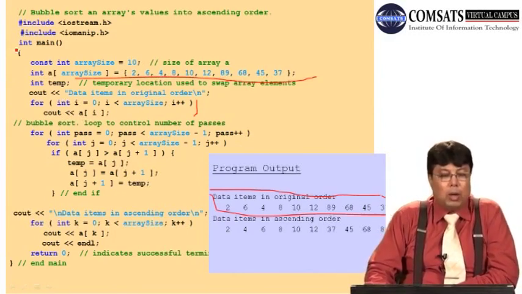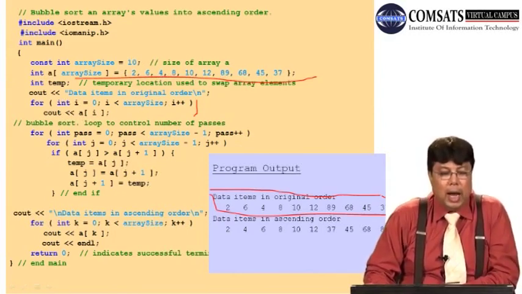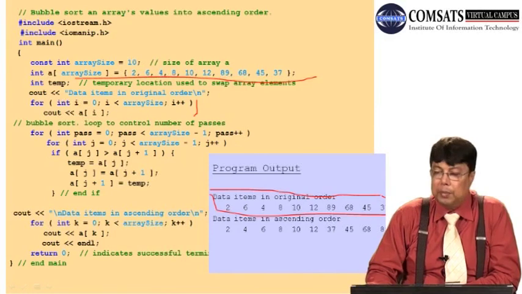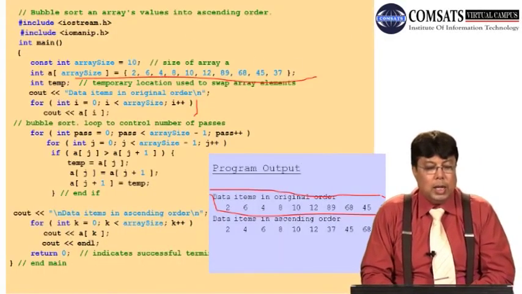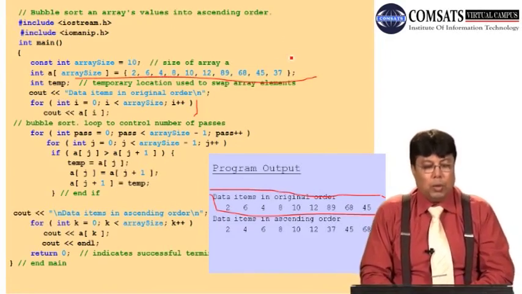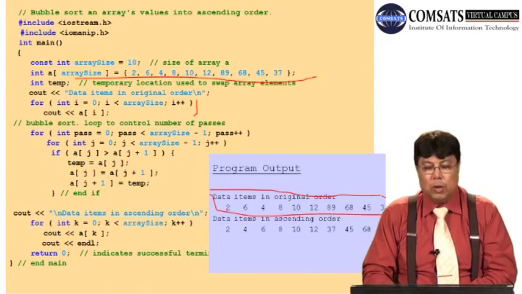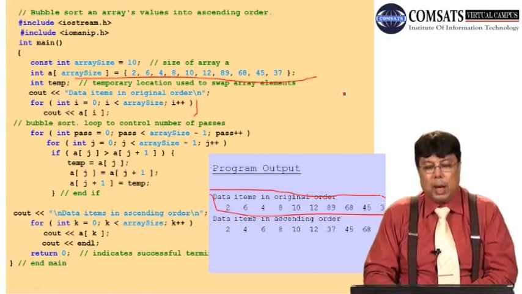Then comes the bubble sort mechanism, and we start the bubble sort. You see that there are two for loops. The outer for loop starts with the value for integer pass equal to 0, and pass is less than or equal to array size n minus 1.